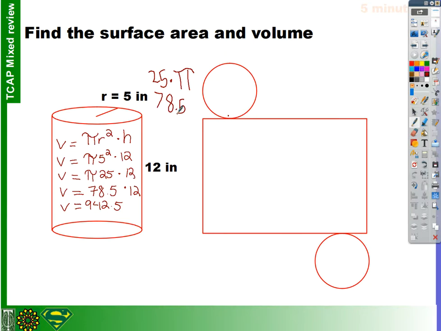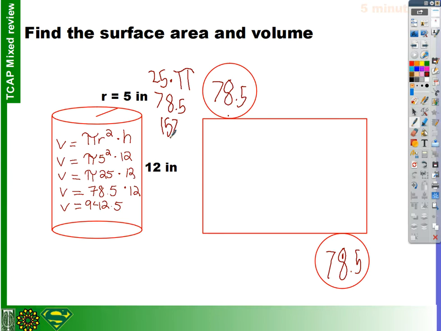So then we'd multiply 78.5 times 2, because there are two circles there and there. So each of these are 78.5, and you get 157. So that's the area of the two circles.